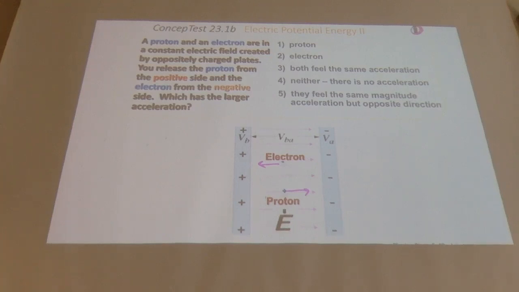A proton is much heavier, which means that the lighter thing is going to have more acceleration. So that would be the electron in this case. It will experience more acceleration.